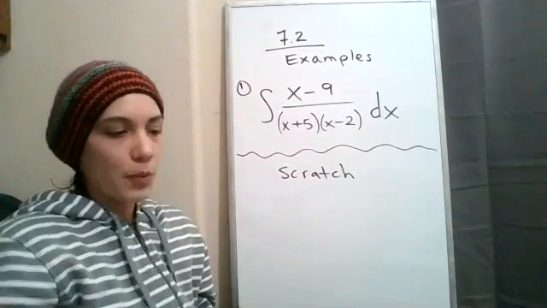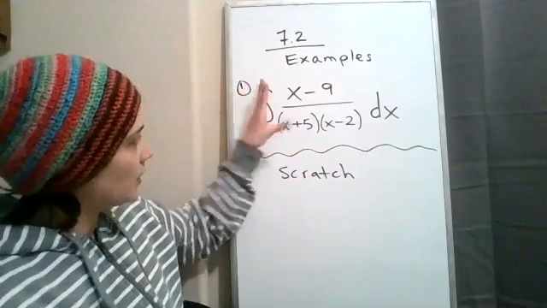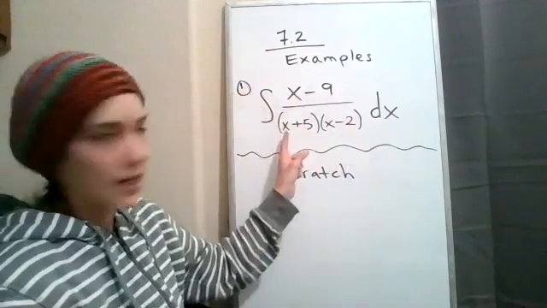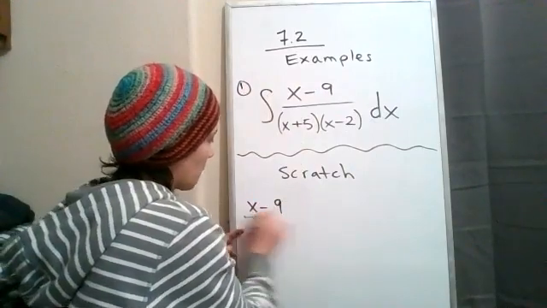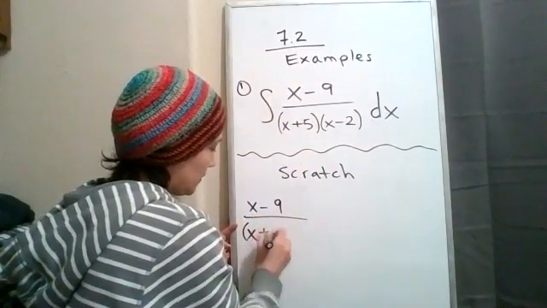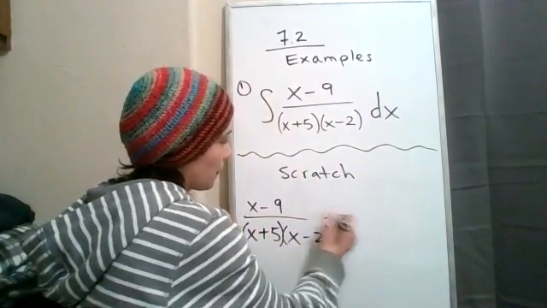Okay, so this section is partial fraction decomposition. So we'll do the partial fraction decomposition for x minus 9 over x plus 5 times x minus 2.